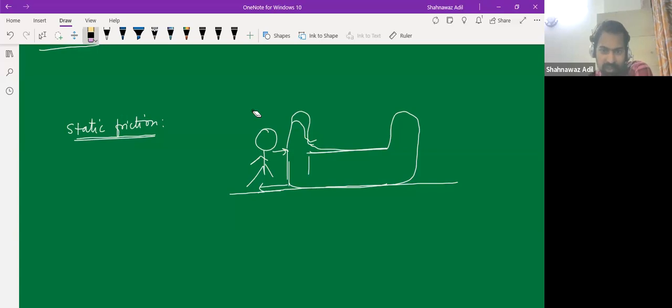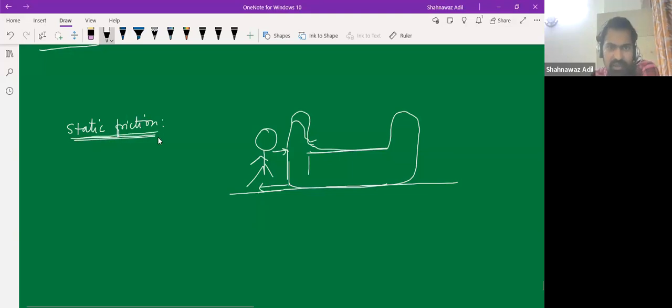Up to that point, it has static friction. When we apply some force and the sofa is not moving, it is due to the static friction, the force experienced by that sofa due to the surface touching it.